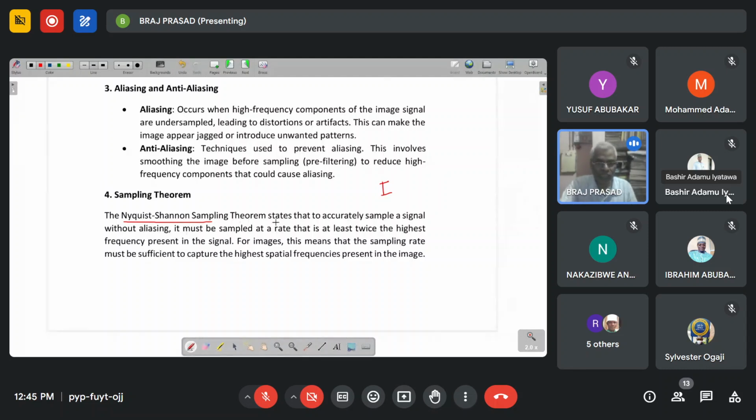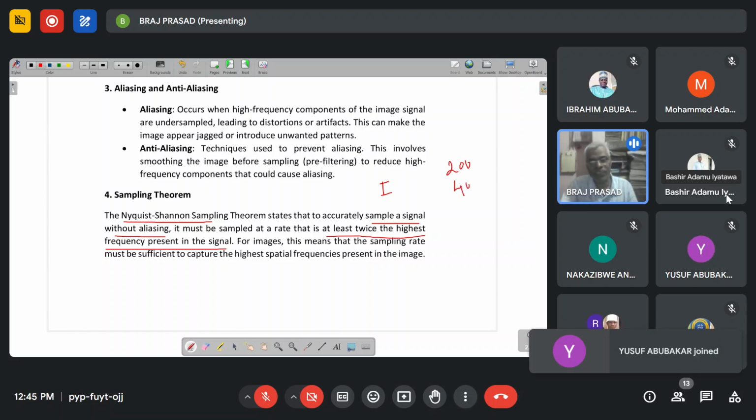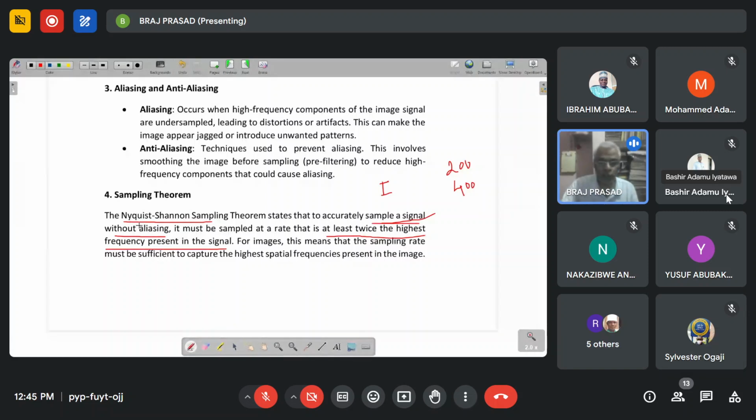The theorem states that to accurately sample a signal without aliasing, it must be sampled at a rate that is at least twice the highest frequency present in the signal. If the signal frequency is 200, then you have to take 400 frequency for the best sample. So this is the concept of the Nyquist theorem.